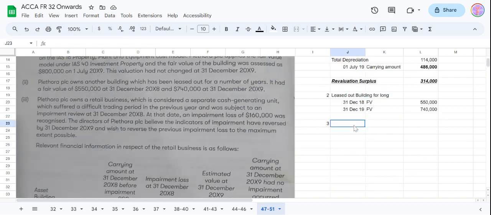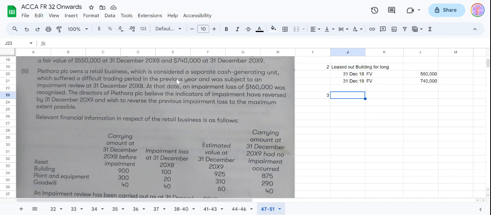On 31st December 18 they had an impairment loss of 160,000.